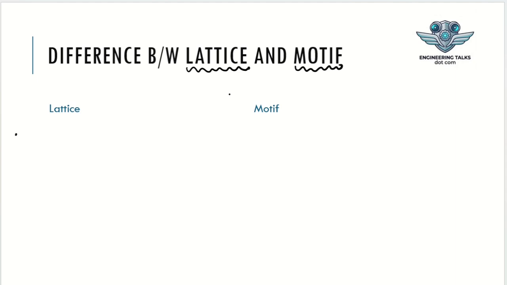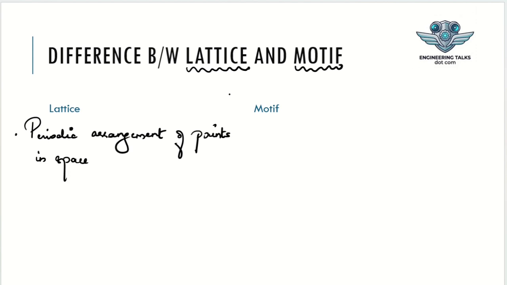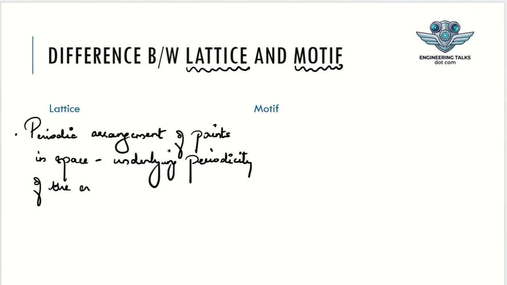So for lattice we can write it is the periodic arrangement of points in space, and we are able to understand the underlying periodicity of the crystal structure with the help of a lattice.